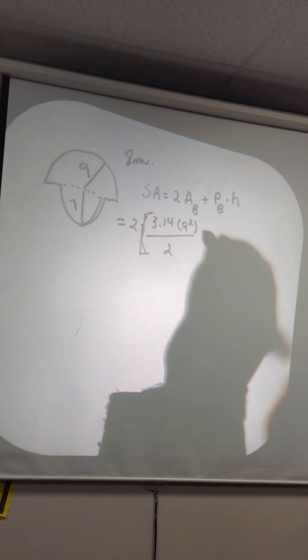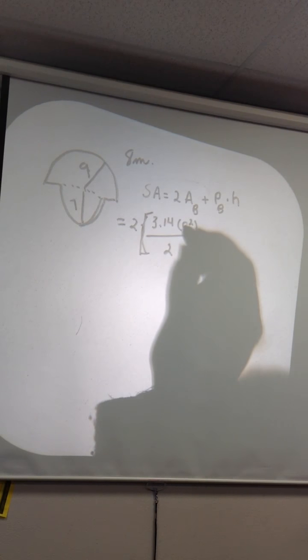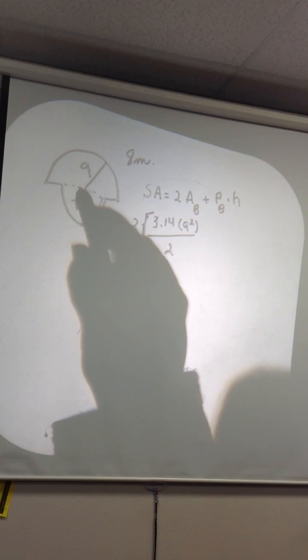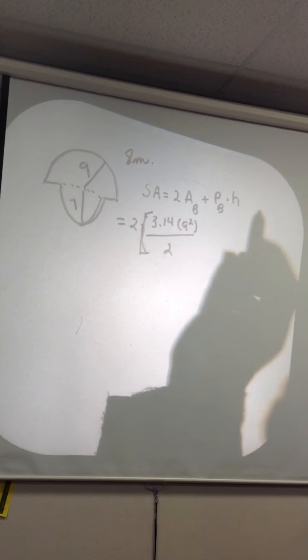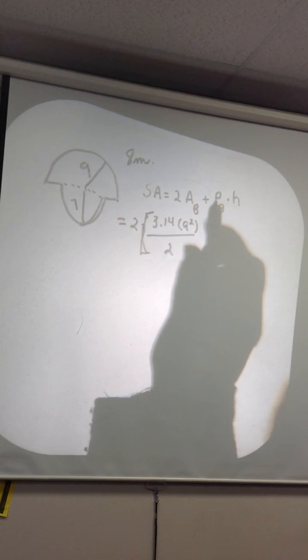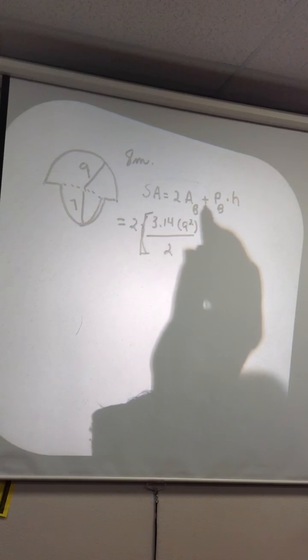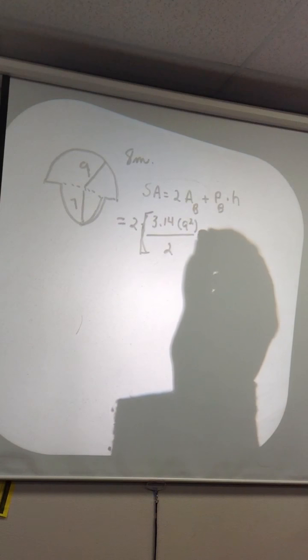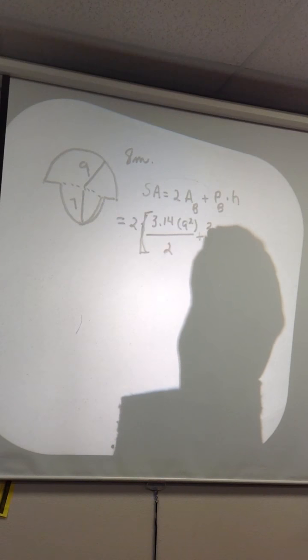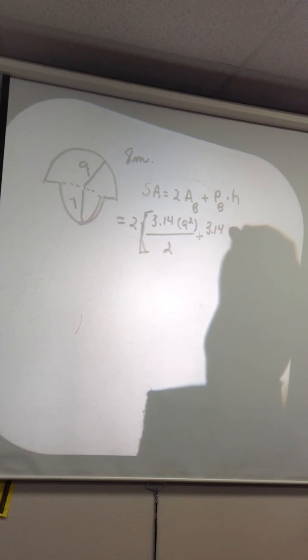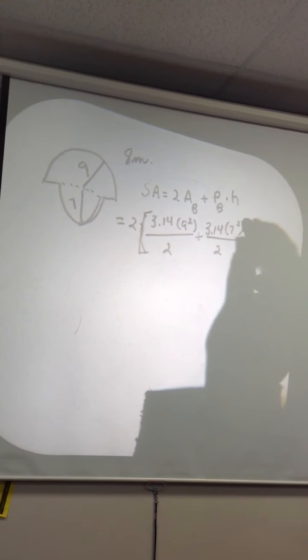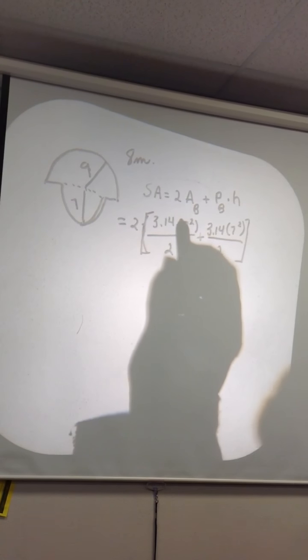If we do that, what part have we got? The bigger half of the circle? Yeah, this part up here, right? Okay, so what else do we need to have? Georgia Lee? 3.14 times 7 squared divided by 2. Okay, so we're going to add to that 3.14 times 7 squared divided by 2. That will give us the area of the base.